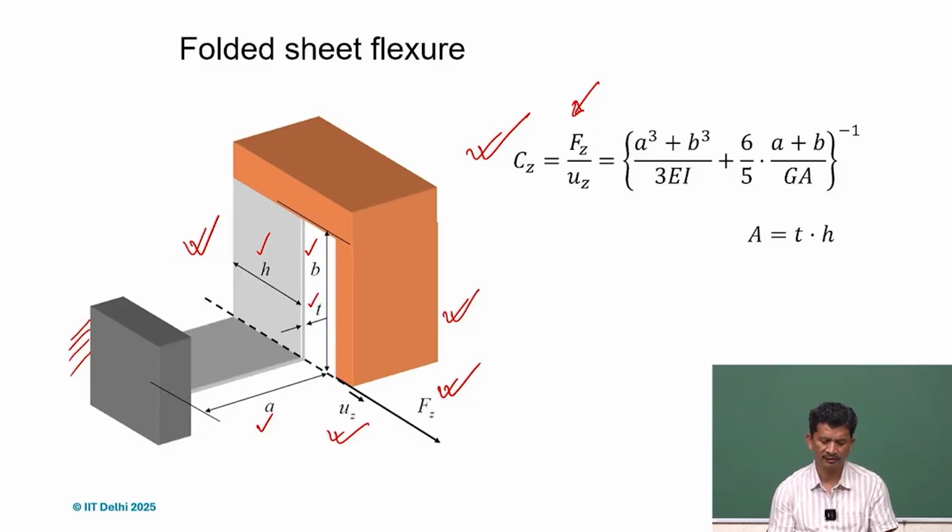So bending stiffness as well as the shear, both are working, so the deformations will be added. So compliance will get added, and that's why you have these two parameters, and it's the inverse. So we are adding compliance, so that's why it's the inverse. 1 by Cz will be equal to these values, and that's why we have the power of -1. So be aware of that.